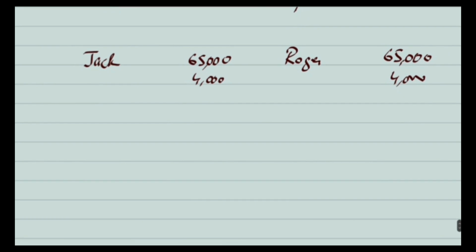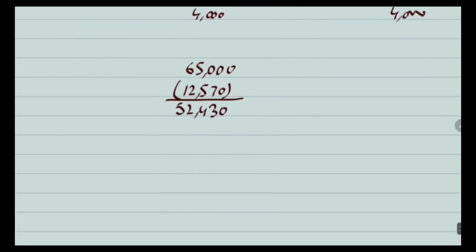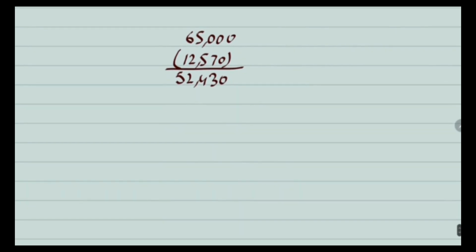In case of Jack, there is no deduction of interest payment from his total income. His income is 65,000, 12,570 of personal allowance would be deducted from this, and the remaining 52,430 would be considered as his taxable income on which he has to pay tax.